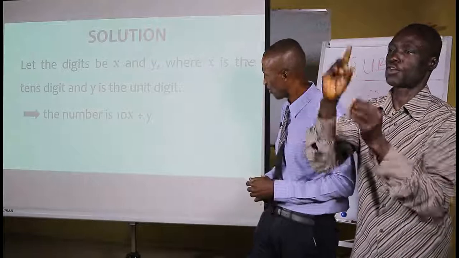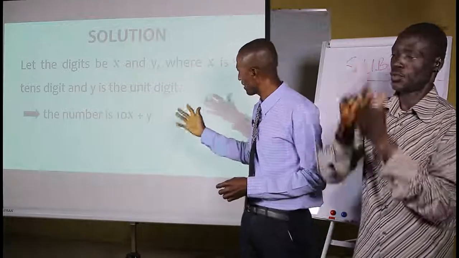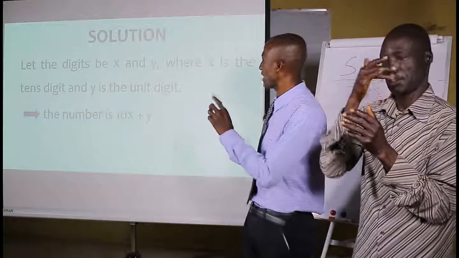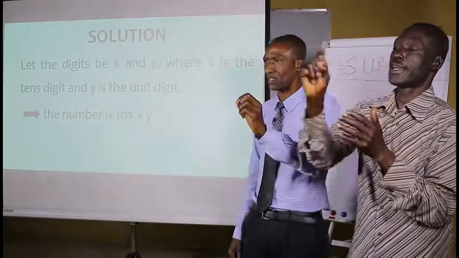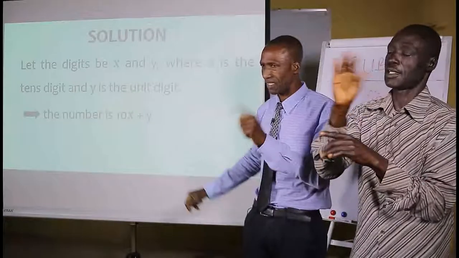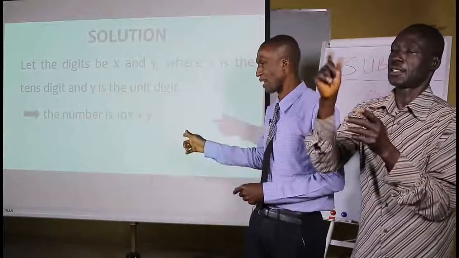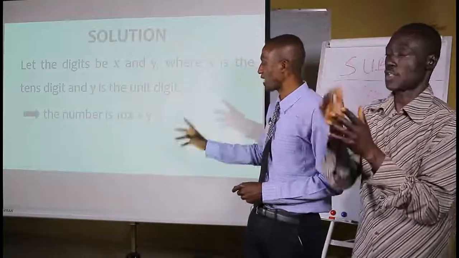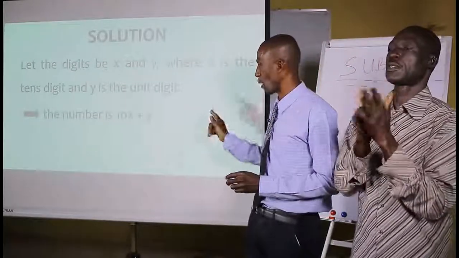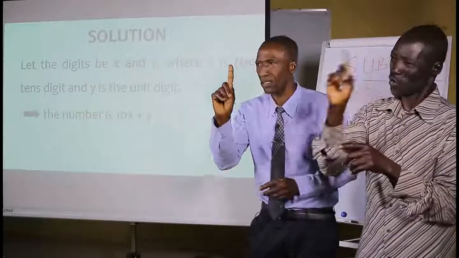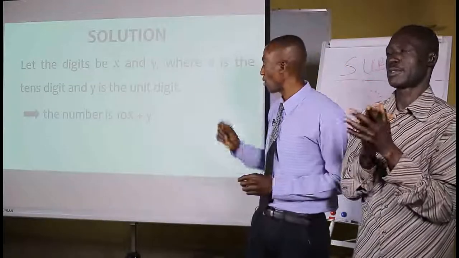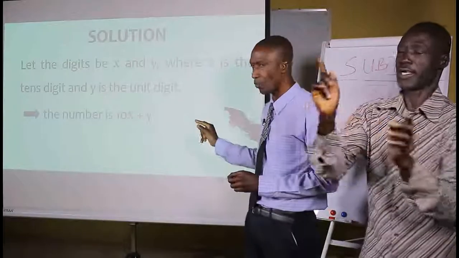Then the question is, why is the number 10x plus y? The reason is that x represents the tens digit, so 10 times x gives us 10x. And y represents the unit digit, so y times 1 is y.